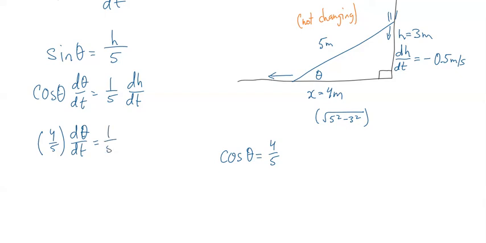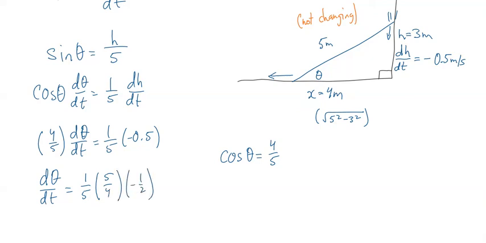Therefore, the angle of elevation is decreasing at 0.125 radians per second.